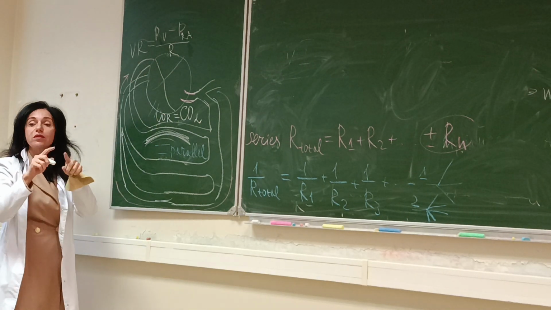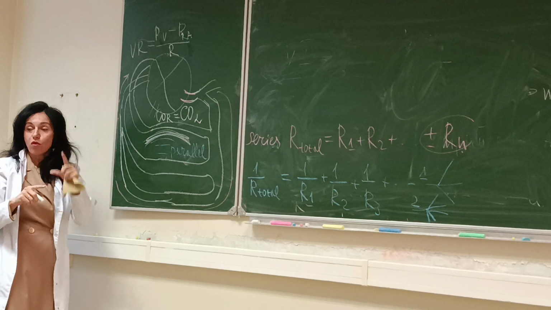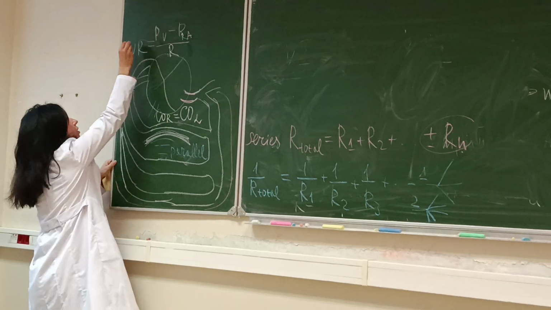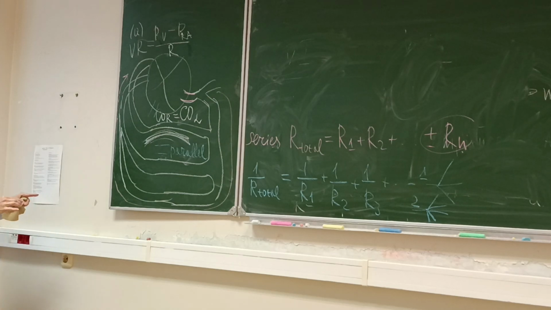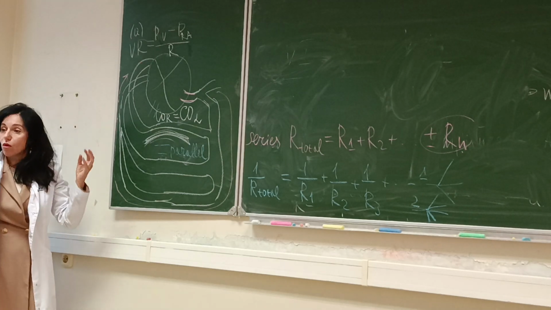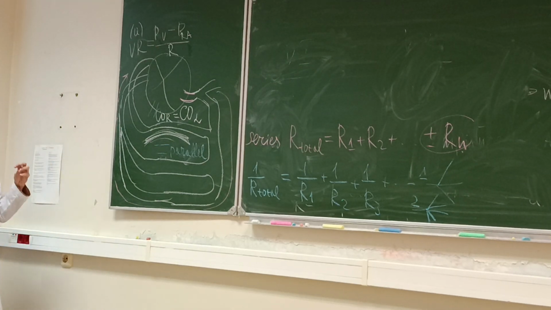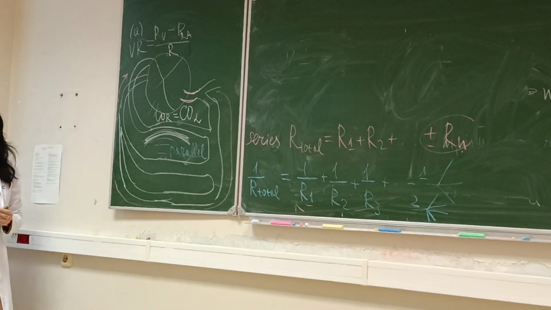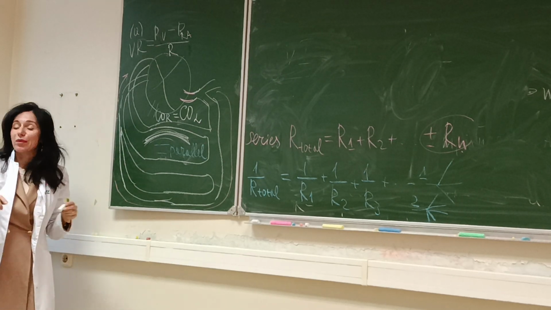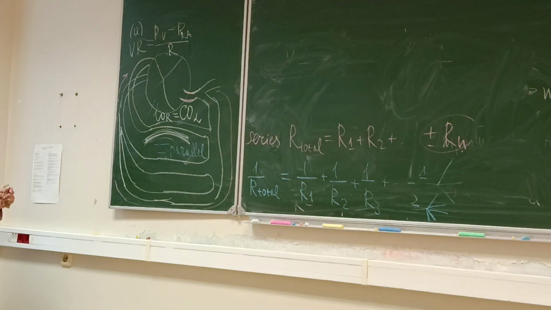Venous return is blood flow volume, the same as in Ohm's law, but inside veins, as well as in the total systemic circulation.